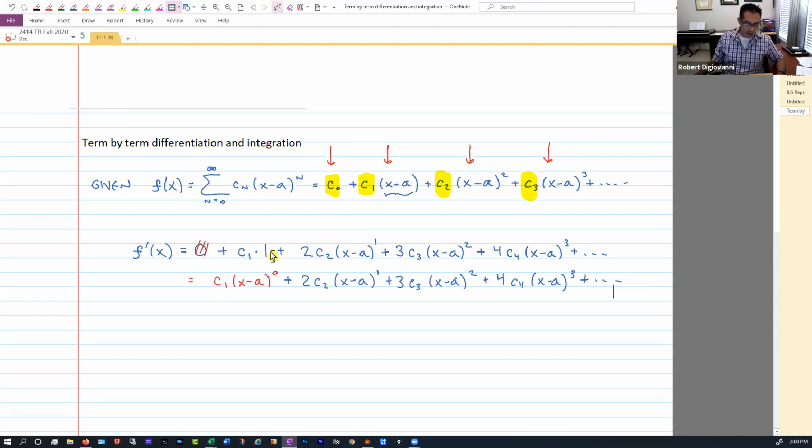This 1 right here, I'm realizing that that 1 is really x minus a to the first power. I mean, to the 0 power. Okay, I'm just realizing that I could write it that way.